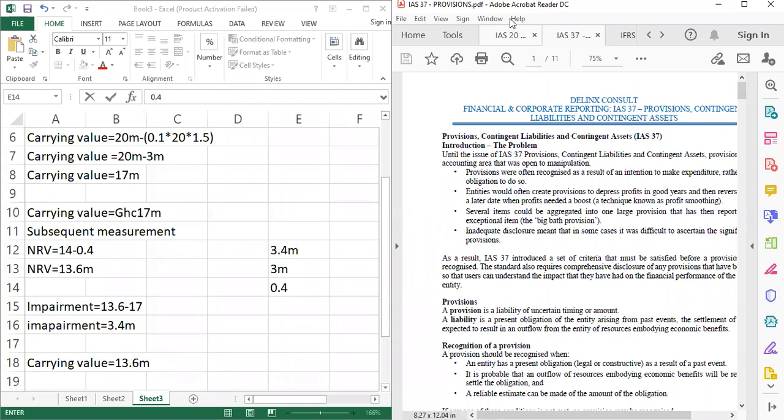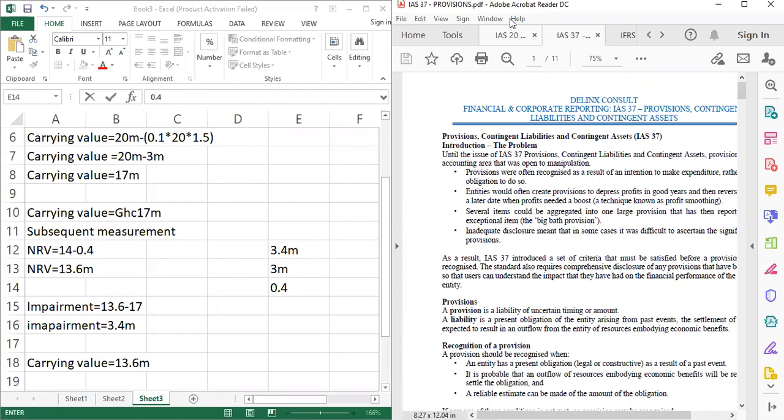Assume mining companies lease land from the land commission, and the land commission asks them to bring the land back to its original form. So whatever machines they have installed on the land, they are going to remove them at the end of the concession period.